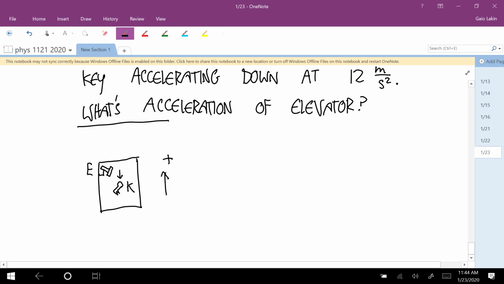Remember, the positive direction has to stay the same for both of your two measurements. And then I'm also going to have a reference frame that's fixed to the ground. So let's say this is the elevator shaft. You can imagine there's also a video camera that's fixed to the ground. I'll call that G.